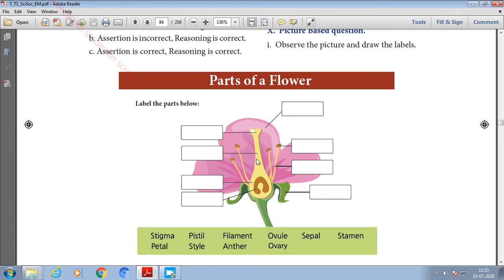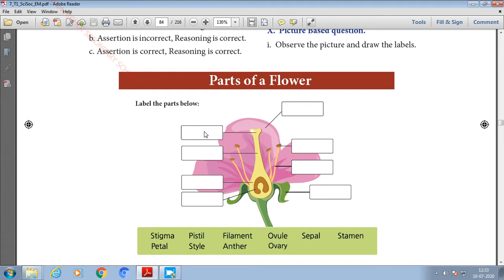And the filamentous part is called the style, S-T-Y-L-E, style. Here the enlarged, swollen basal part is called the ovary, O-V-A-R-Y. And inside you can see an inverted U-shaped brown colored part, which is called the ovule, O-V-U-L-E.